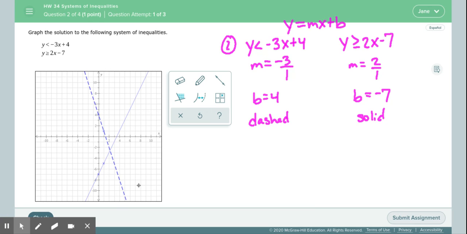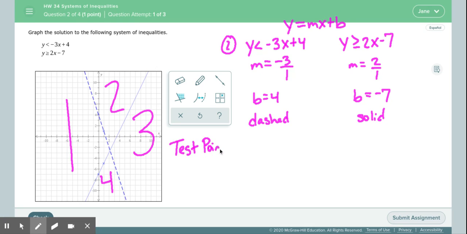All right, so now notice, and this is why it'd be helpful to have this on your work page, that there are 1, 2, 3, 4 possible regions for where these solutions could lie. So what we're going to do is choose a test point.